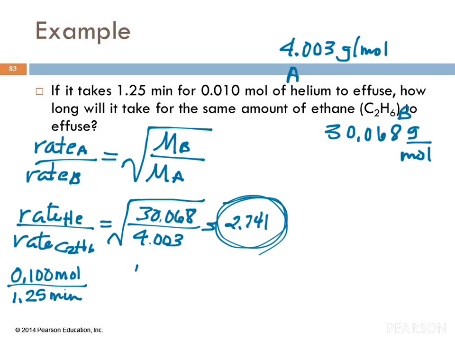So we can take the 1.25 minutes and multiply it by 2.741, and that will give us the amount of time, 3.43 minutes.